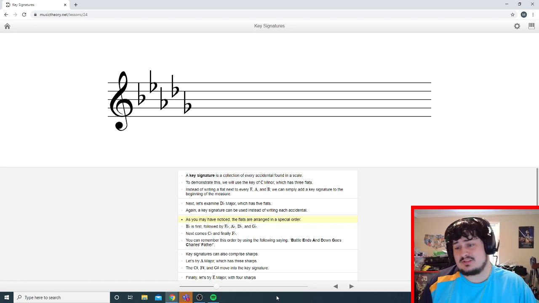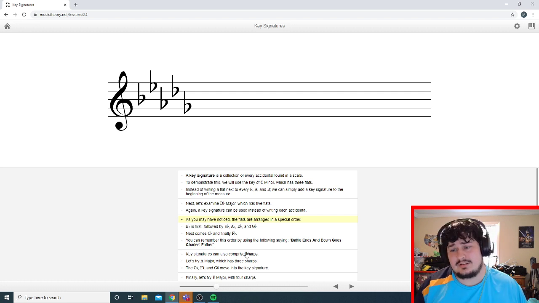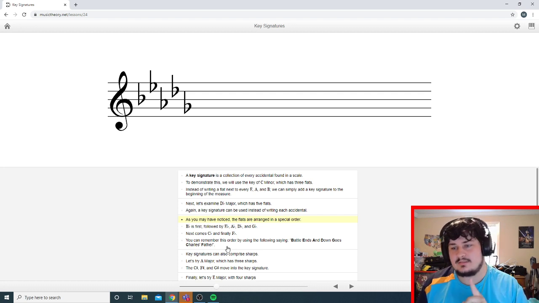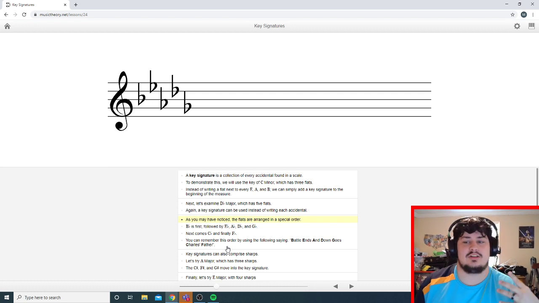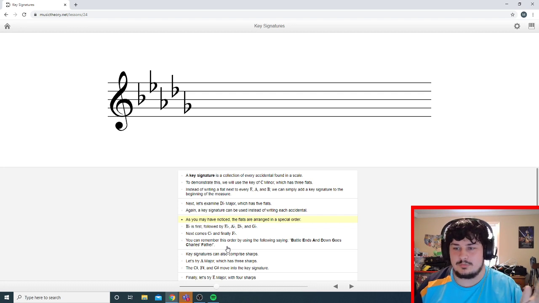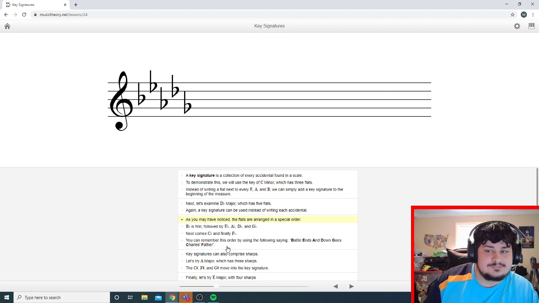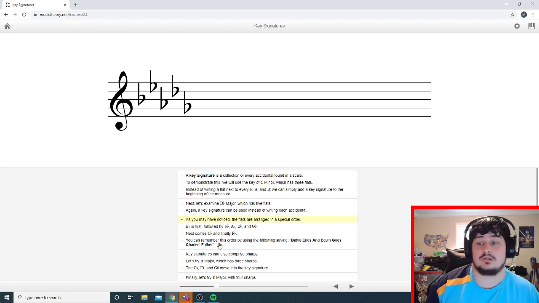You can remember this a couple ways. I personally just remember the word bead, B-E-A-D, and then greatest common factor, G-C-F. Now, I'm not going to test you on that. At the end of the day, I'd rather you know the name of the key signature, but it's good to know that there's always an order to everything.